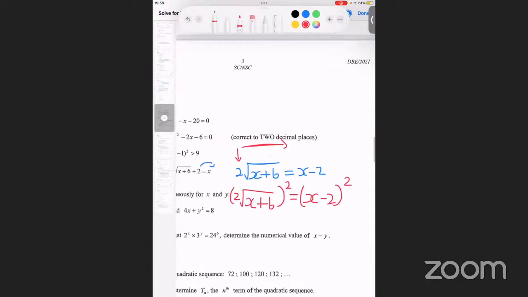Something that you need to be aware of is that if you have square root of x, let's say it was plus 3 there, minus 2 equals x, just know that you have an invisible 1 there.